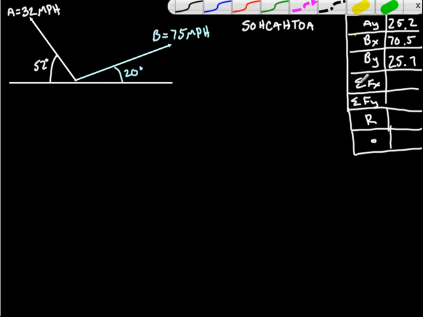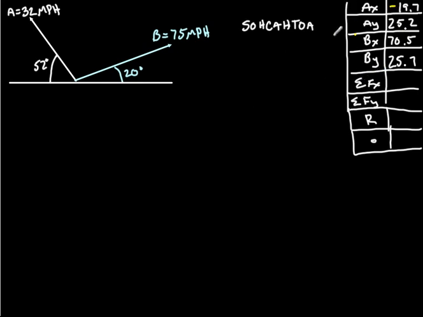So now we're going to add up our sums. We're going to add up our x's and we're going to add up our y's. We'll do it in a different color. All the oranges are the same, so we'll put an x in the x direction.